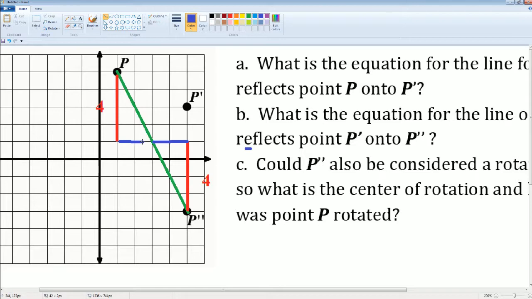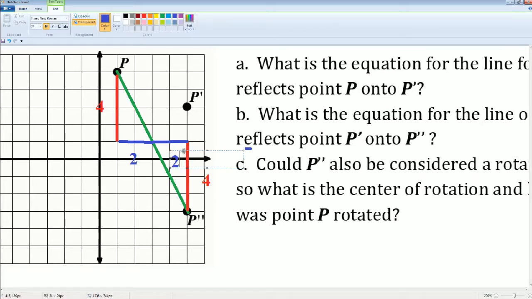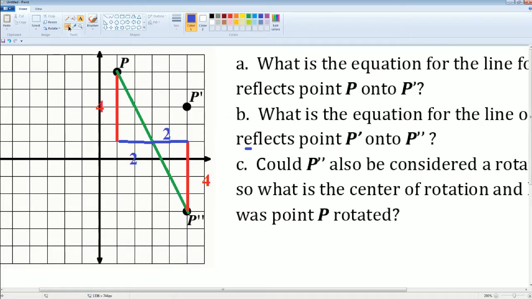1, 2. Good. 1, 2. Oh, it does work. That's a distance of 2, and that's a distance of 2 here as well. Yeah, it does work. This would have to be the center of rotation then, right here, from P to P double prime. So we would say right here, let's just make purple.